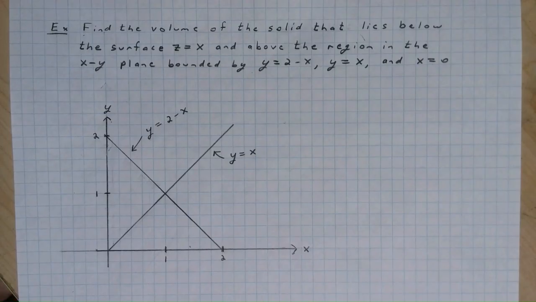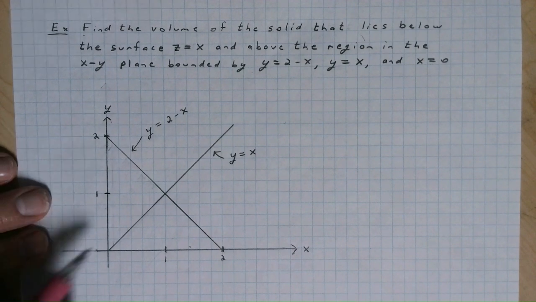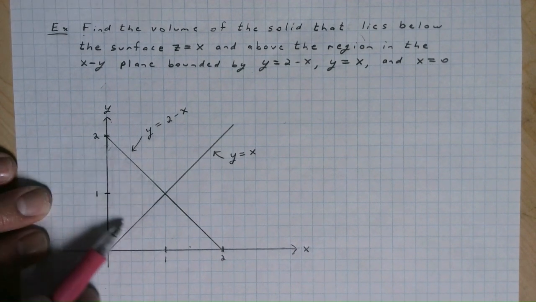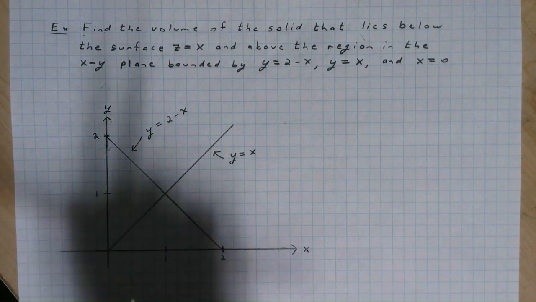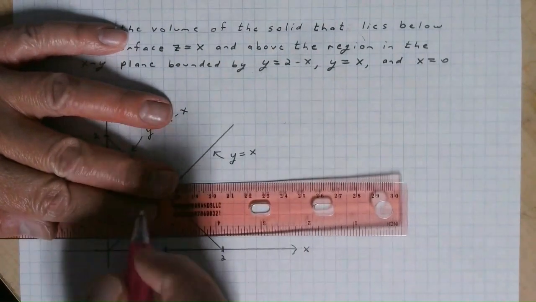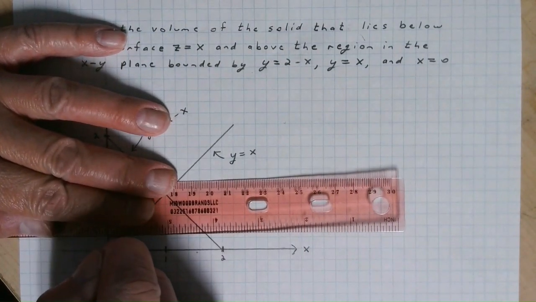Now let's do this problem, except this time we're going to integrate with respect to x first. So what does that mean? If we're going to integrate with respect to x first, inside the region over which we're integrating, remember this is going to be this region right here, we're going to put arrows in the positive x direction.